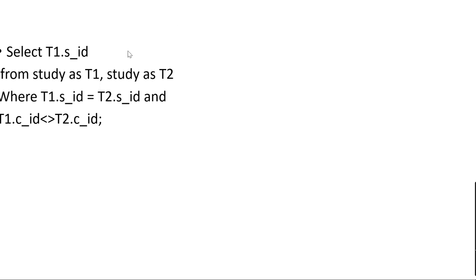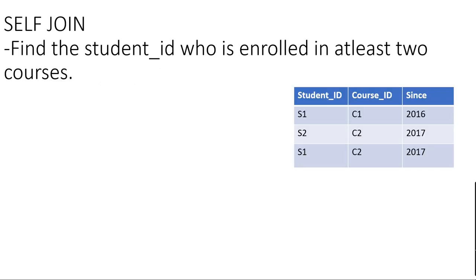Here we are using the same table twice because a join is cross product plus a condition. What is the cross product for this table? This into this.